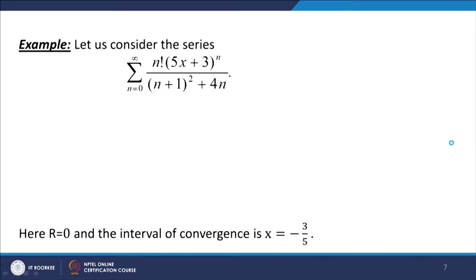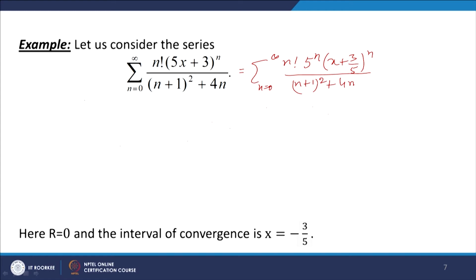Okay. Now, let us consider another example, sigma n equal to 0 to infinity n factorial (5x plus 3)^n divided by ((n+1) factorial) times ((n+1) whole square plus 4n). The given series first will have to be brought into the form of the standard power series. So, sigma n equal to 0 to infinity, and we have to take n factorial 5^n and then (x plus 3 by 5)^n divided by (n+1) factorial ((n+1) square plus 4n).